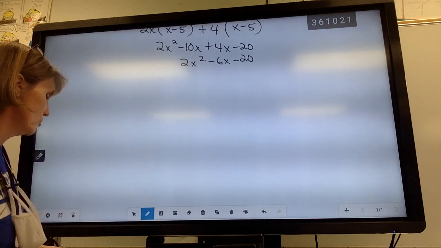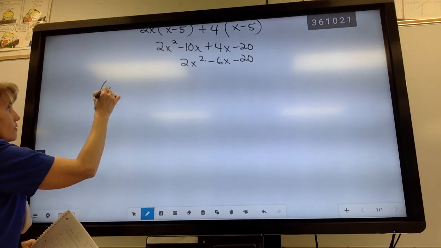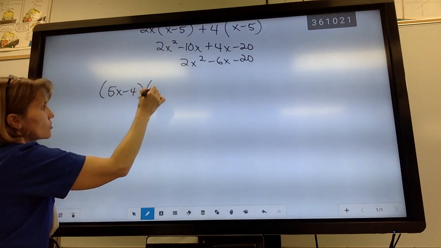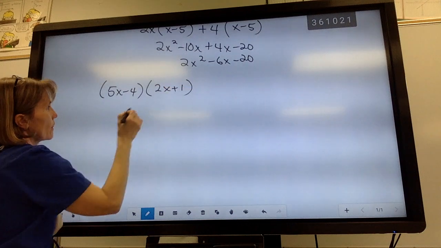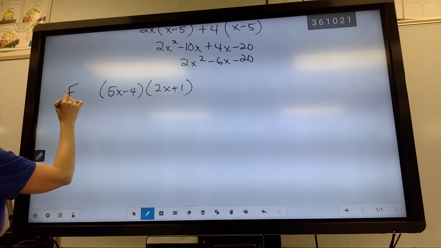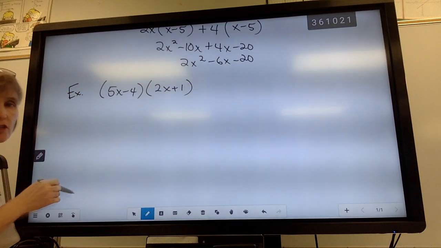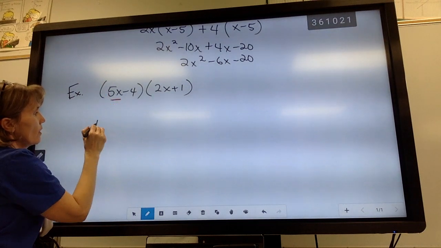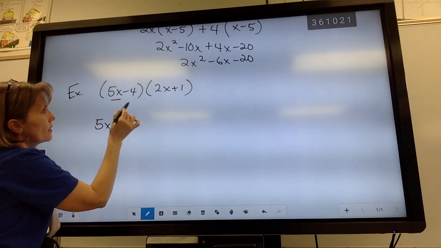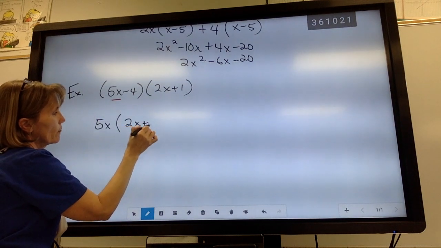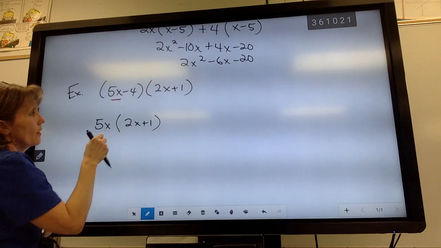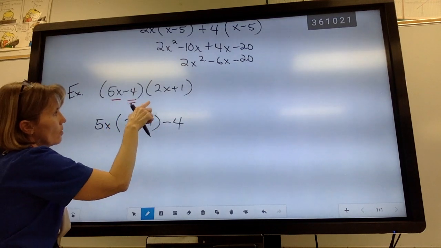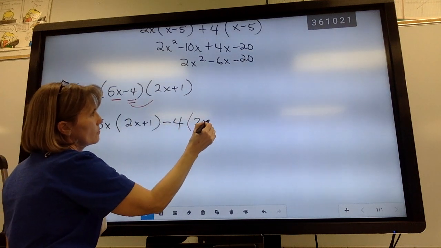Okay, I'm going to try another one of those. So I've got 5x minus 4, and I want to take that times 2x plus 1. I take that first term, 5x, and multiply it times the 2x plus 1. Then I'm going to take the second part, minus 4, and also multiply it times 2x plus 1.